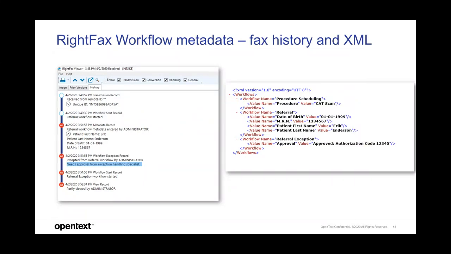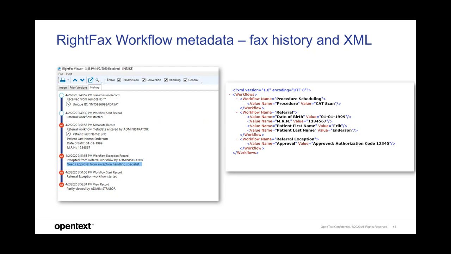So on the next slide, we show just a little bit about where this might end up. On the left-hand side, this is a picture of the fax history. And what we're showing is essentially a couple of things here. Right, so the history goes, if we're reading it from the top down, the fax was received, and then in that first bubble, the second bubble shows that the referral workflow was started.